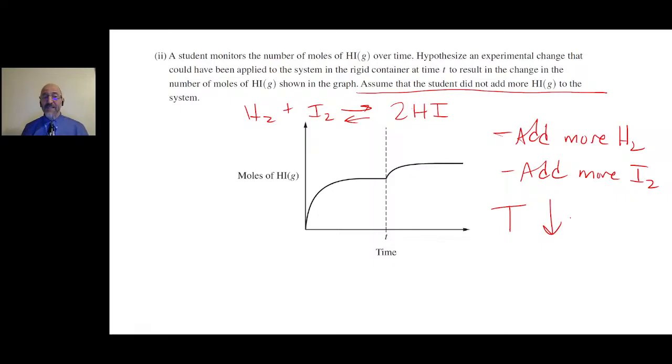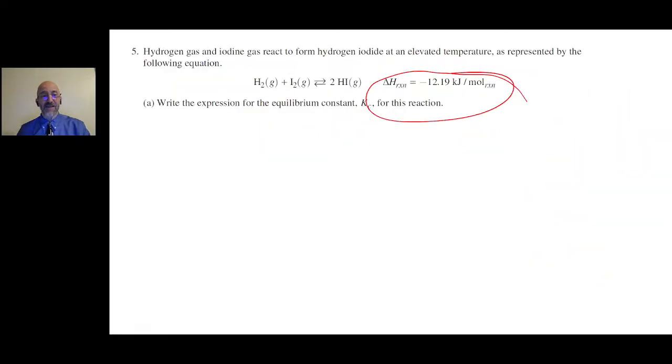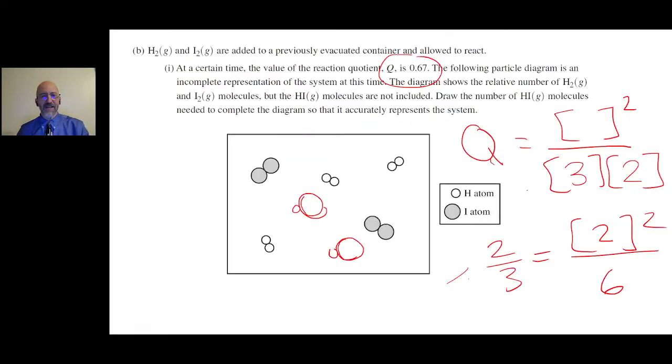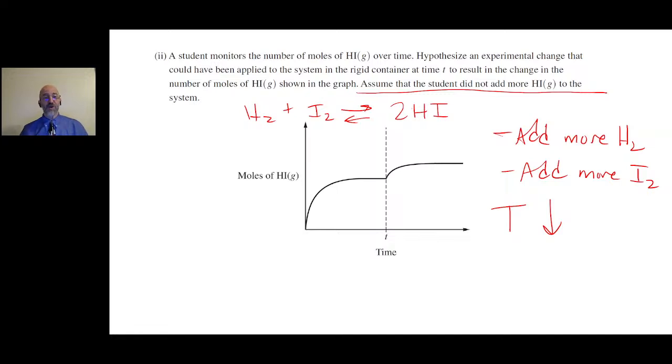Now, when you increase the temperature, it's always going to go in the endothermic direction, but this happens to be an exothermic process. So I would want to go from left to right, which means I want to actually lower the temperature, not raise the temperature.